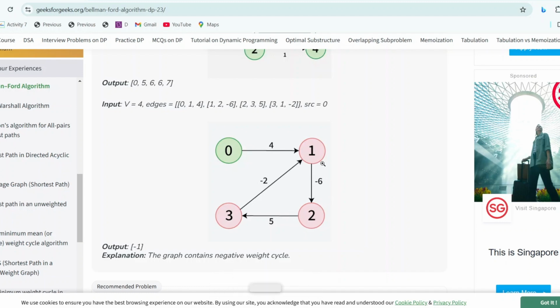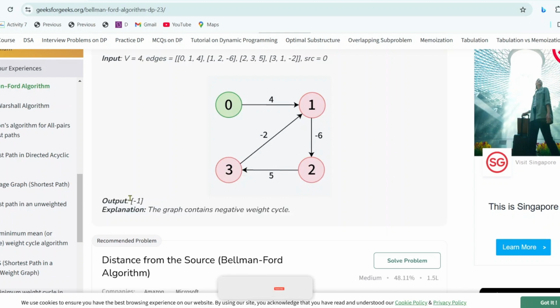Then now the weight from 1 to 1 itself, the path will be 1 to 2, 2 to 3, and then 3 to 1. Here the total weight is less than 0. It is minus 3. It is impossible.